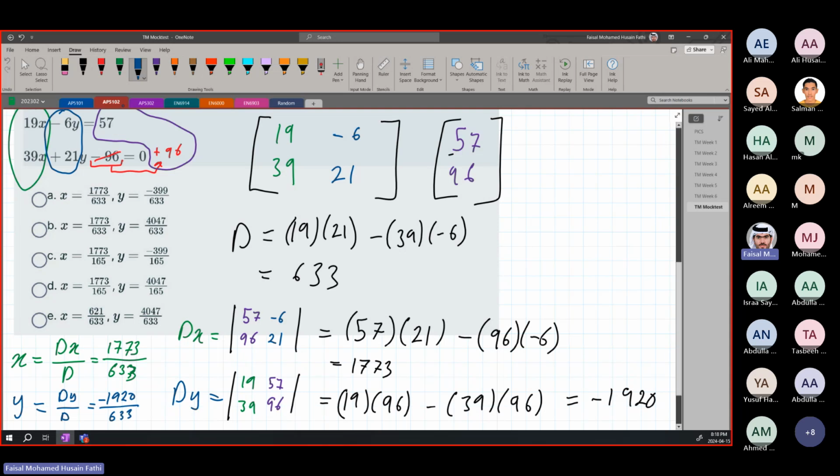And this is your answer. If you put it in your calculator, this gets simplified, so your y will become minus 640 over... what's my mistake?